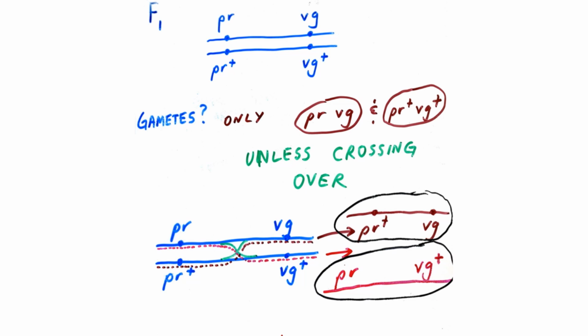Here is a visual representation of what the gametes would look like if a crossover event happened. I've shown that the wild type PR plus could be paired up with the vestigial wing allele. The PR, the purple eye color, could be paired up with the wild type for the wings, and we'd expect equal numbers of those 2.